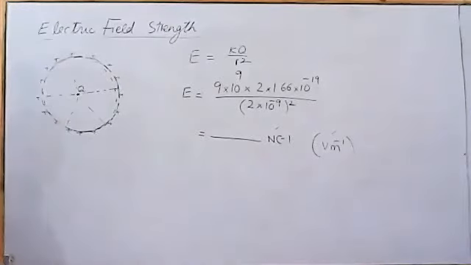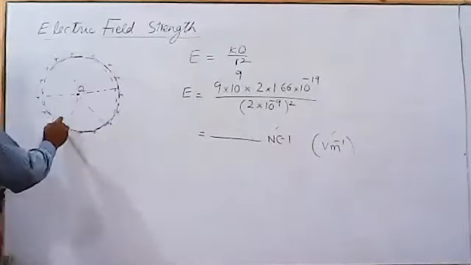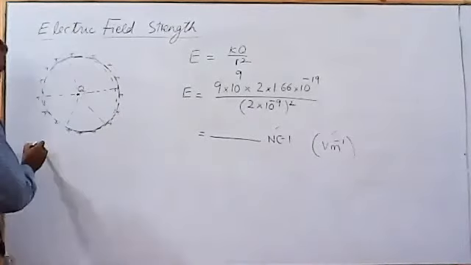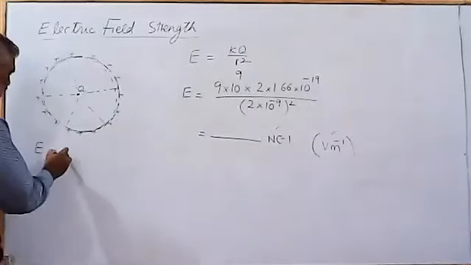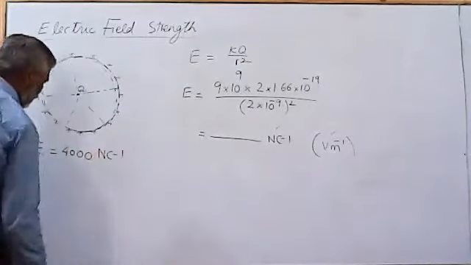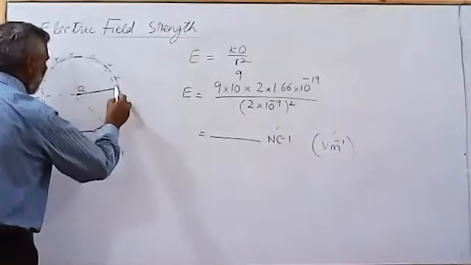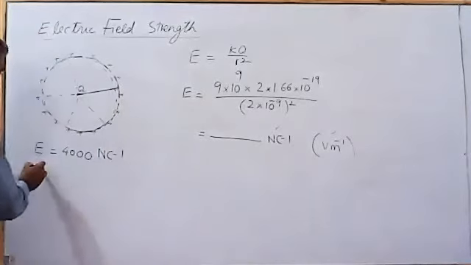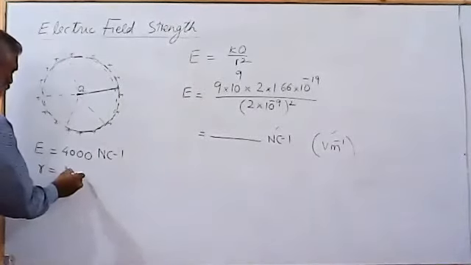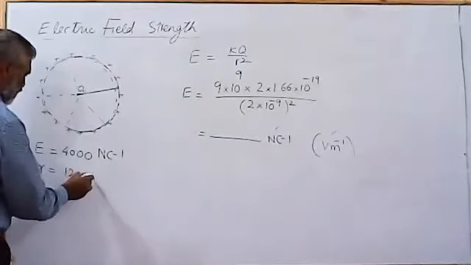It behaves like that. So all that charge can be assumed to be concentrated here, and this can be written as Q. So let's find this value of Q, assuming that we know the value of the electric field strength here at the surface. So E, if it is something like 4,000 Newton per coulomb, let's say, and the radius of the sphere is known, and that is assumed to be 12, let's say 12 nanometer.